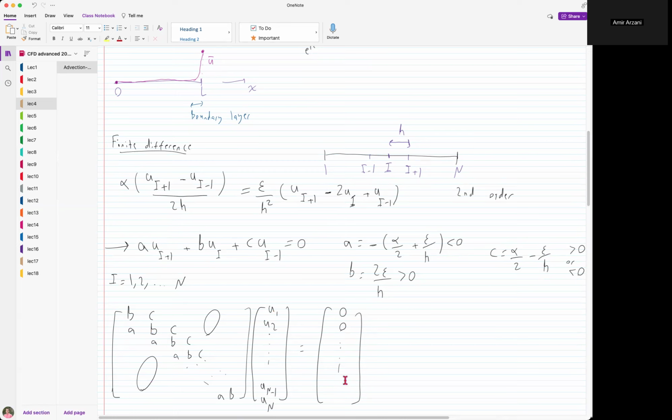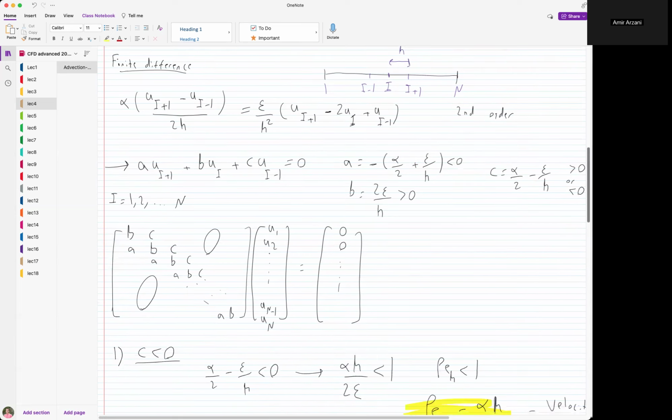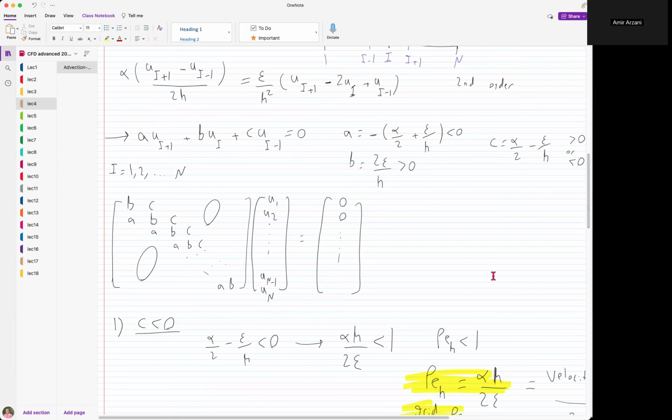On the right-hand side, I would also need to modify it to make sure my Dirichlet boundary conditions are satisfied. Okay, the matrix is tridiagonal, so it's simple to work with. It's a sparse matrix, with everywhere else zero. You have the three diagonal entries that are non-zero because of the specific form of this finite difference scheme. Now, if I look into how the equation behaves, let me first assume that C is negative. C was the part that I didn't know if it was positive or negative.